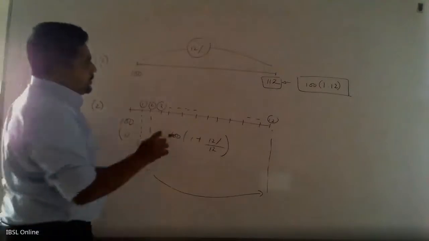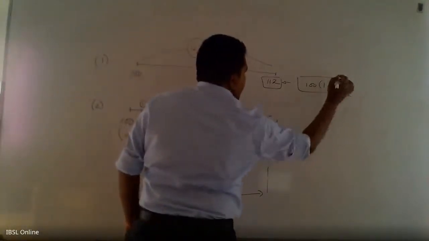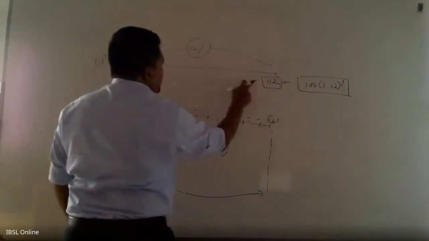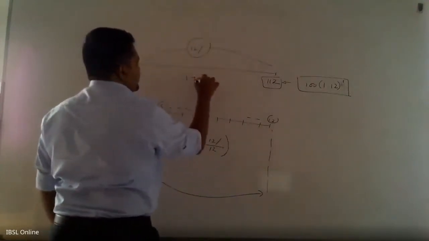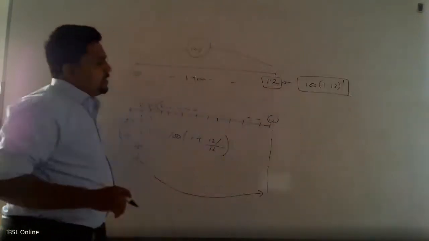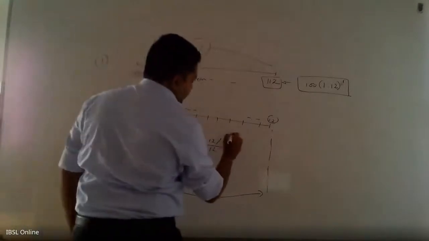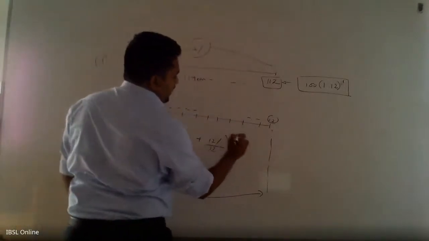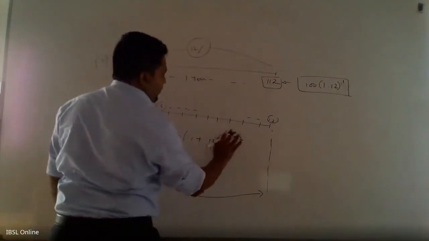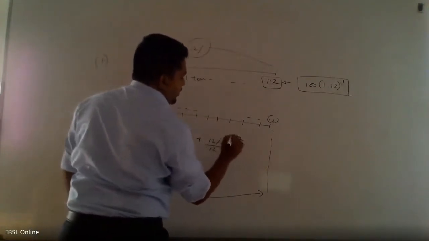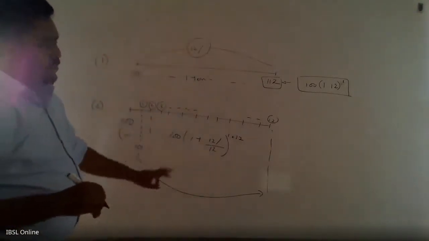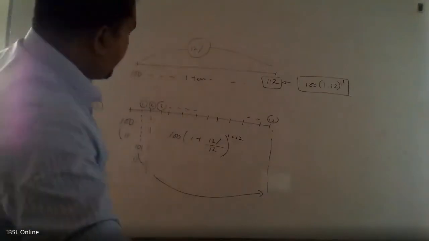Here I have not written 1, but assuming the time period is 1 year, there is a 1 which I haven't written here. So what will happen to that 1? It should be multiplied by the number of time periods. I'll straightforwardly write 12 here, 1 multiplied by 12 is going to be 12, in order to get the value at the end.